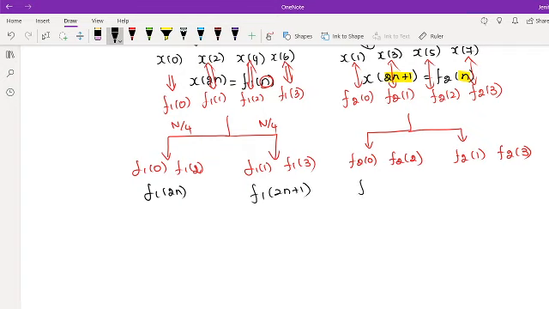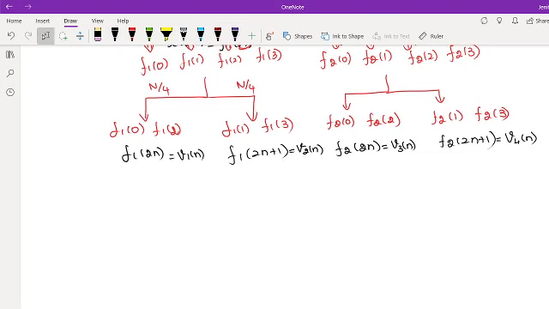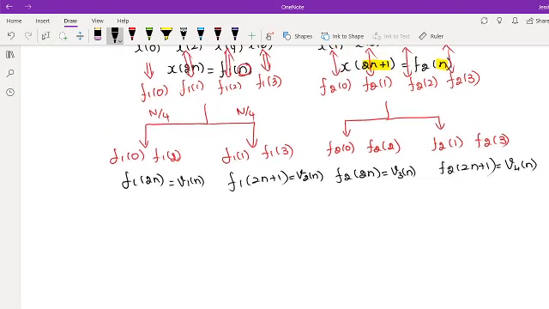The same thing for F2 of 2n, and the last one is F2 of 2n plus 1. Again I am giving names for these: this is V1 of n, this is V2 of n, this is V3 of n, and this is V4 of n.